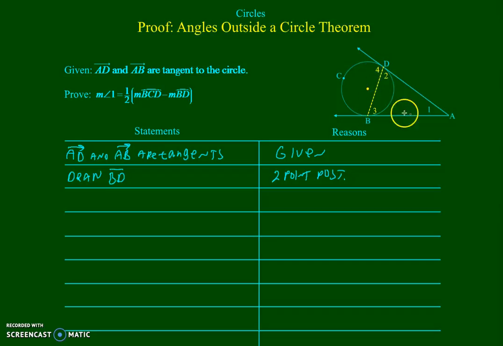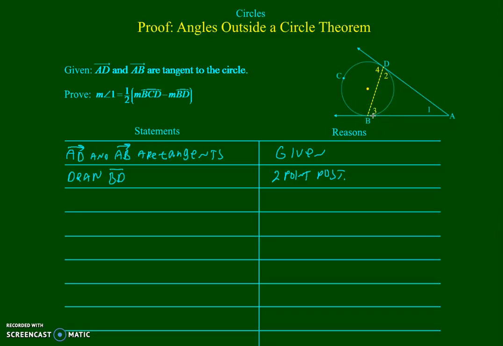So that angle is equal to these two angles put together. So that's the general overall proof, because we have to relate angle 1 on one side, BCD and BD on the other, and so we have to have this relationship between BCD and that angle and BD and that angle.